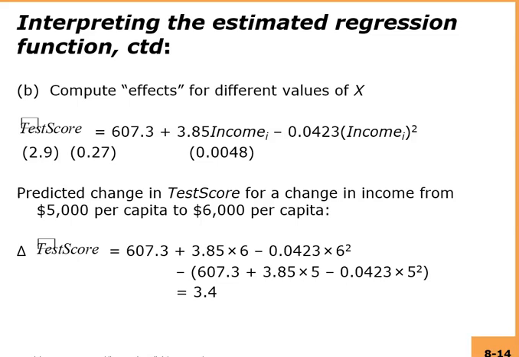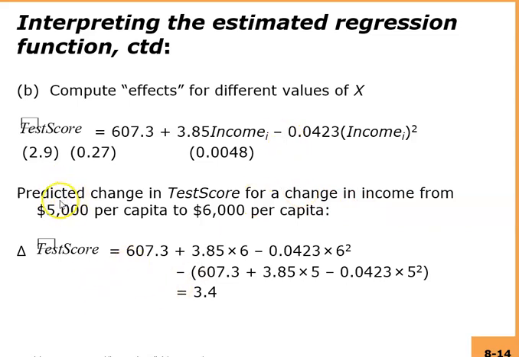For lower values of x, the marginal effect on y would be higher, and at higher values of x, the marginal effect on y would be lower, because the slope will decrease as we increase the value of x.